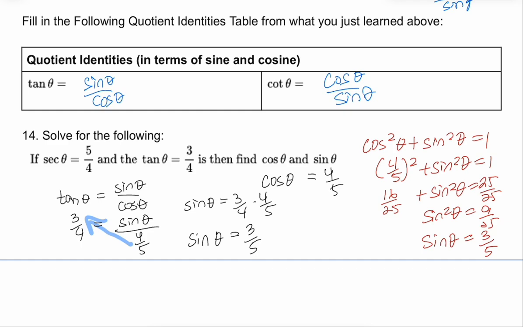As long as you get 3/5 when it's all said and done, you have found the sine that goes with that particular angle. Does that make sense? If you want a denominator of 25, just make it 25 over 25. That's the simplest way to do that.